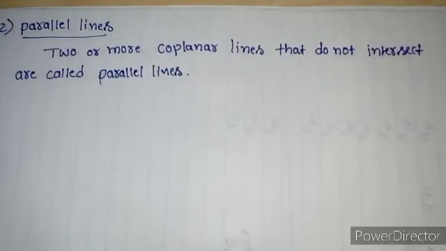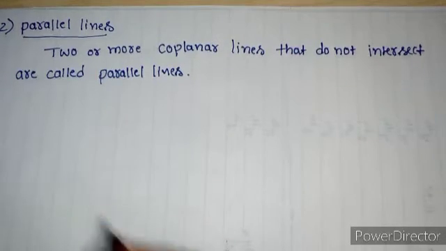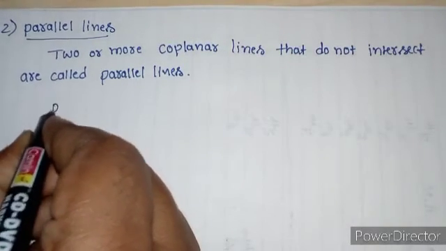Next, students, we are going to learn about parallel lines. When two or more coplanar lines do not intersect, they are called parallel lines. These parallel lines are equidistant from each other.